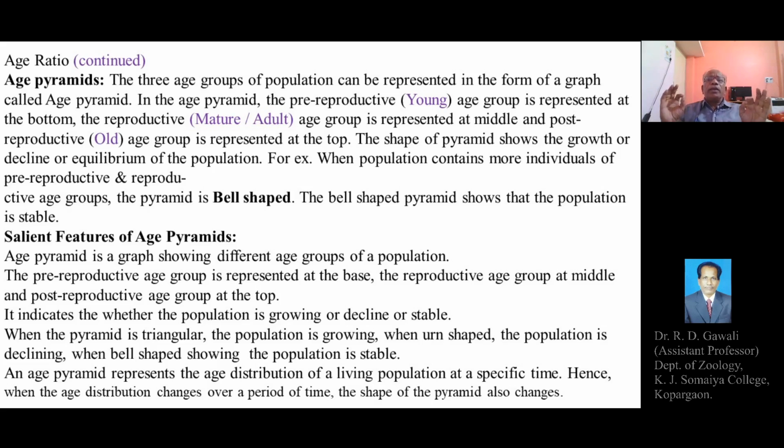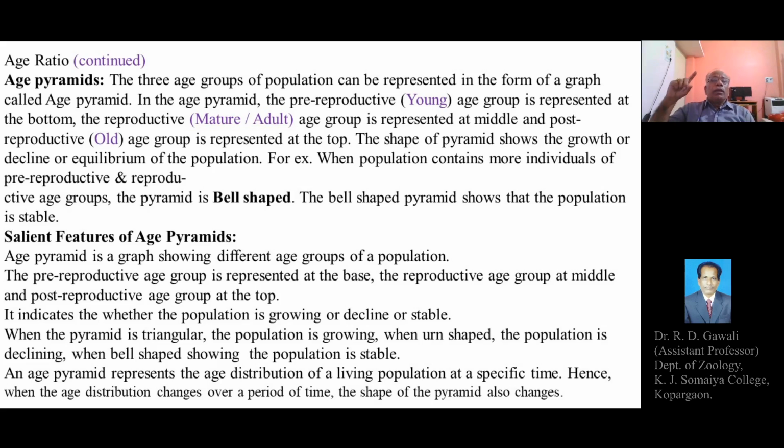This is just a representation. An age pyramid is thus a representation of the three age groups of the population, pre-reproductive, reproductive and post-reproductive, one on top of the other.